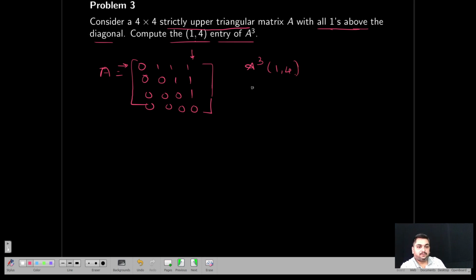You can multiply and then find it, but there is a property. Let me write it.